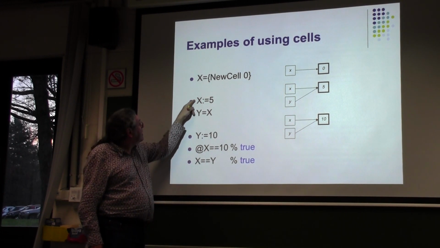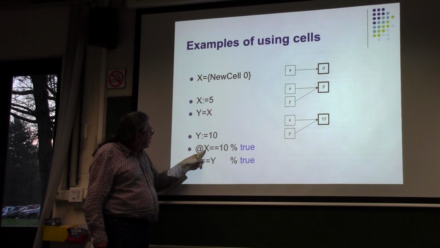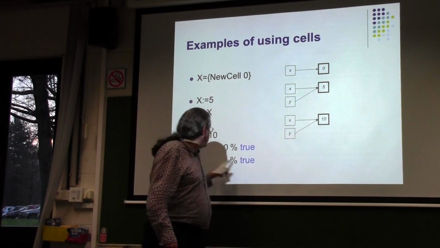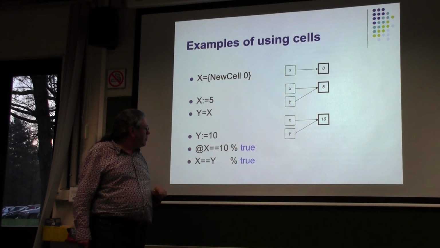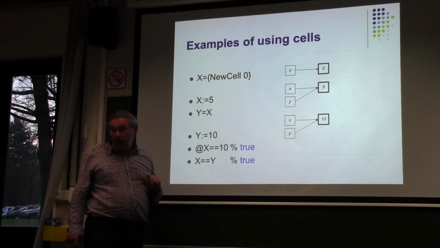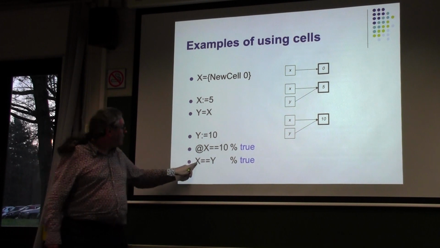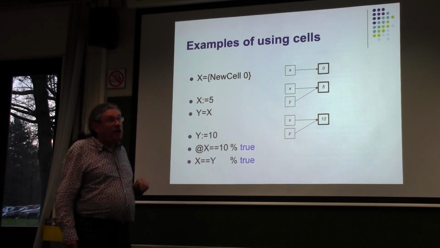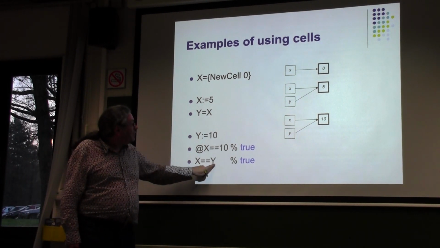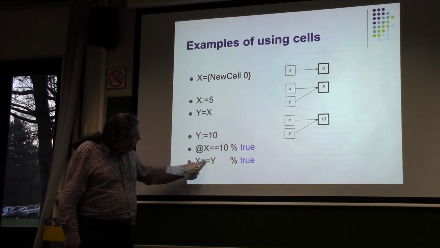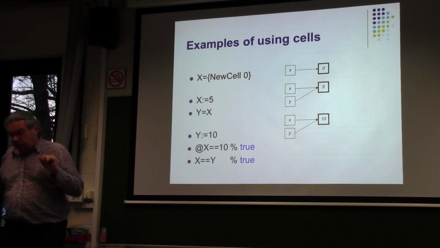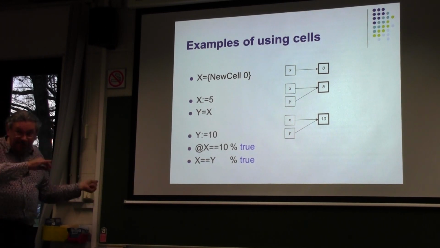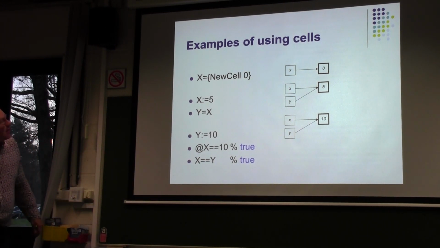X and Y have the same name, so the content of X is also 10. So if I read X and compare it to 10, it will be true. Also, X and Y are the same cell, so if I do X equal Y, it's also true because they are the same constant. But here I'm not looking at the content. So you see, you have to be very careful distinguishing the name of the cell and the content of the cell. Okay?